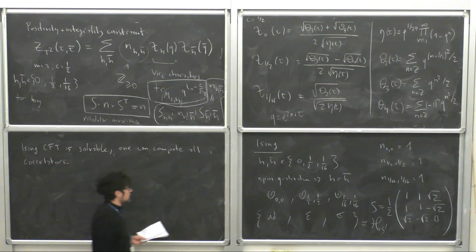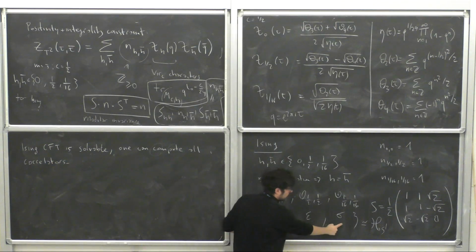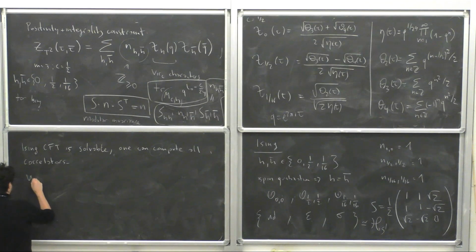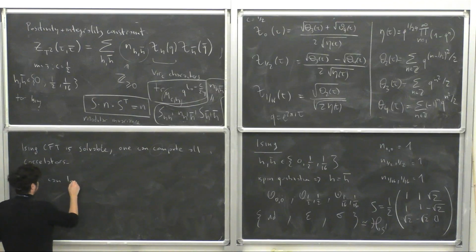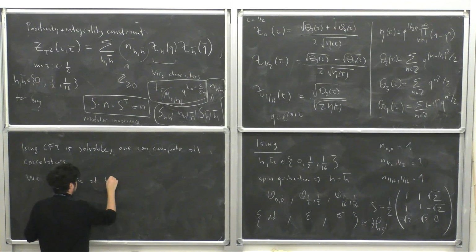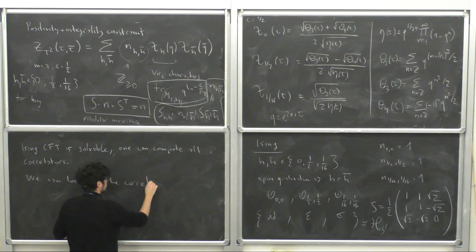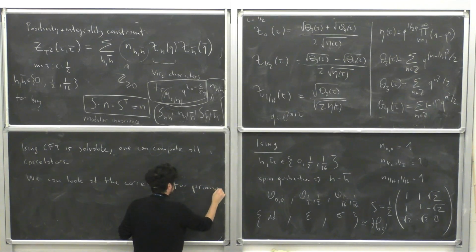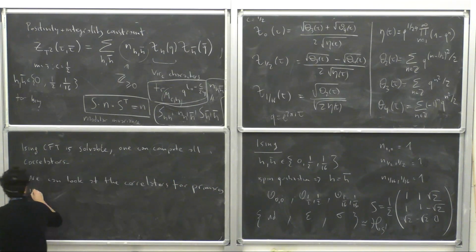In particular, they are determined once we know the correlators of the primaries. So we can look at the correlators for the primaries inserted on the sphere.